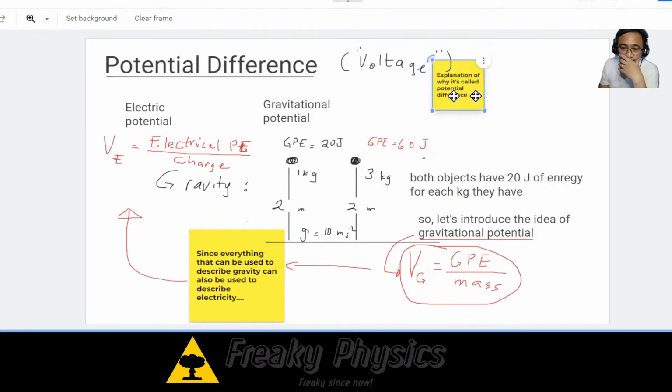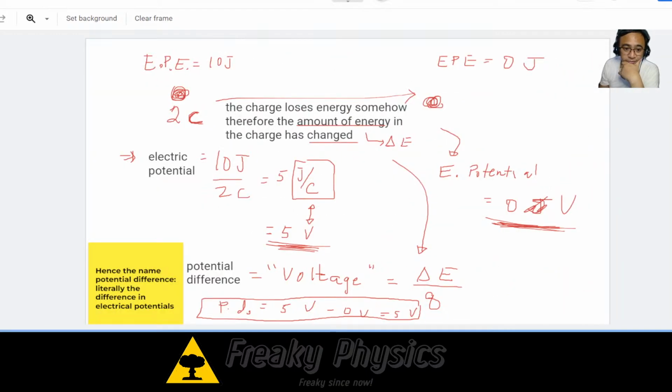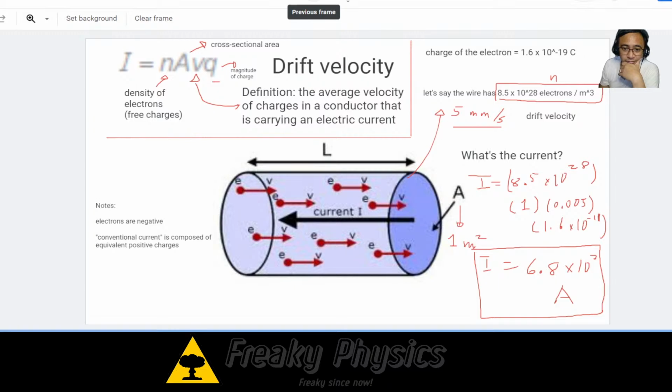Wait, A is the cross-sectional area of the conductor? Yeah, the conductor. Now, the cross-sectional area is perpendicular to current, okay? And V is just the drift velocity.